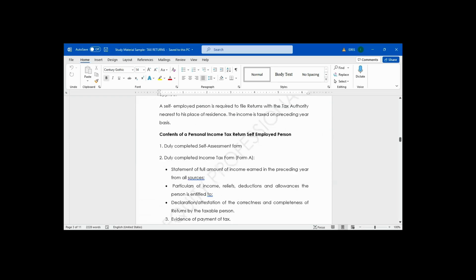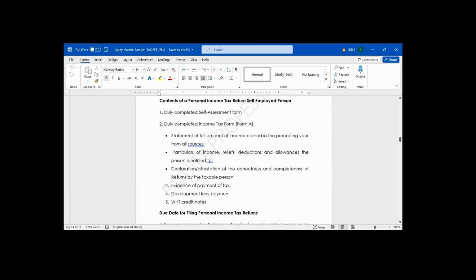This direct assessment, what are the contents of personal income tax return for self-employed persons? What are the contents? Number one, duly completed self-assessment form.